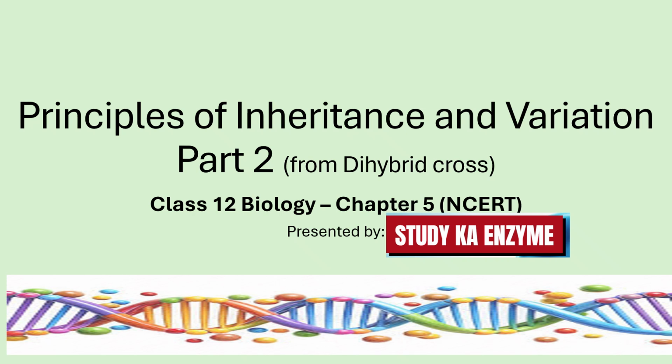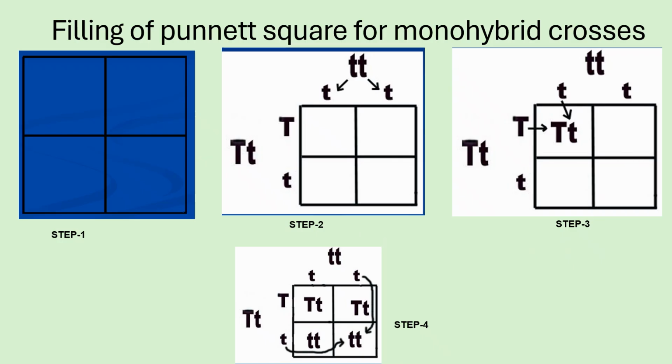So let's proceed. As you can see, this is a Punnett square with one square and four squares inside that, and in this you will be putting the genotypes on both the sides, as you can see in this box number 2, and then you will split, like the law of segregation says, splitting of the alleles before they go into the gametes.